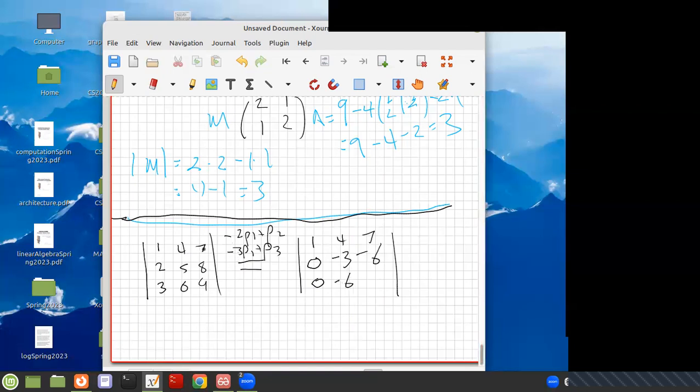And 3 sevens is 21. -21 plus 9 looks like it's going to be -12. So it should be -12 plus 21. Yeah, that looks right.